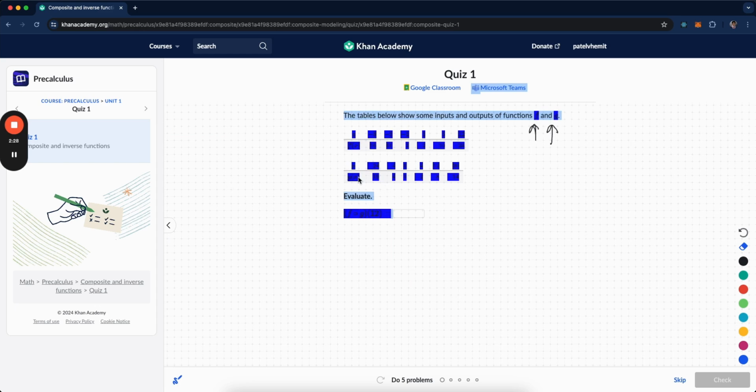I did not want to highlight everything. Okay, there we go. So it kind of works like this. The 12 goes into g, right? And some magic happens and we get an output. Boom. That output then goes into f. As simple as that.